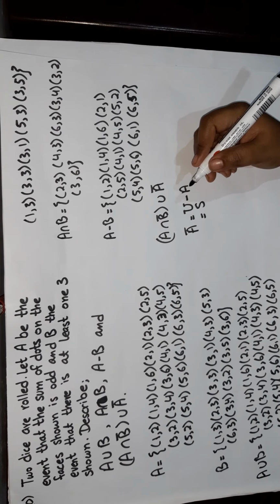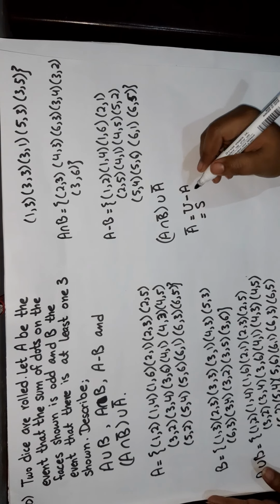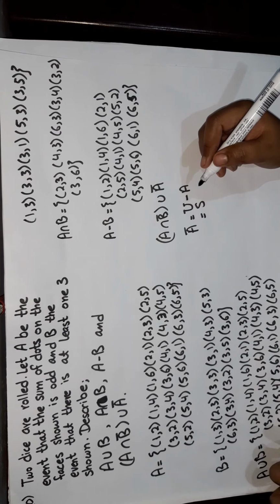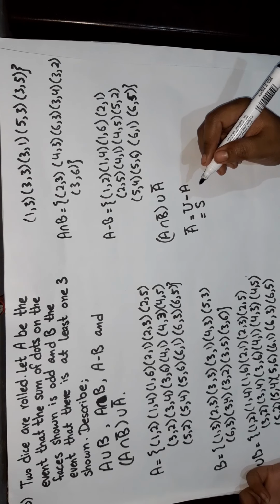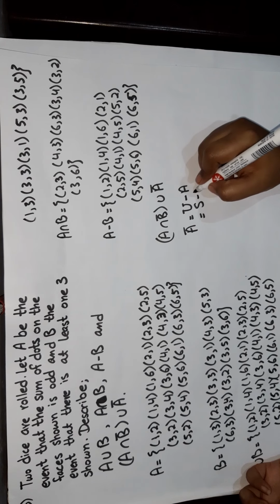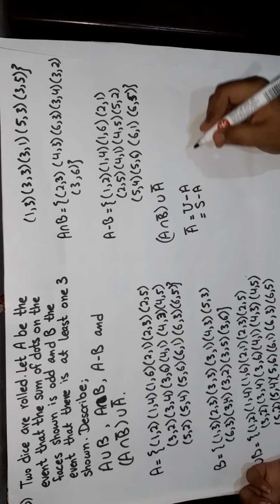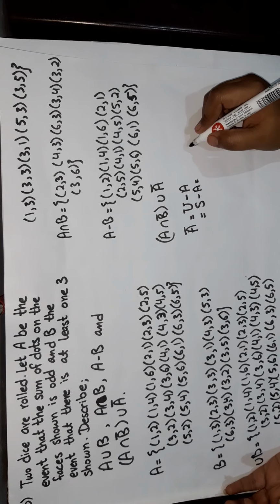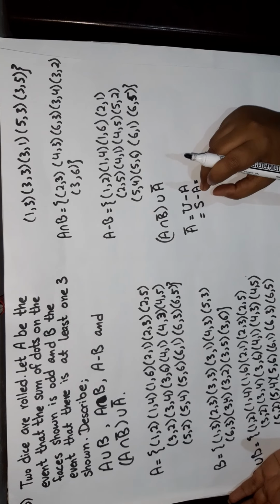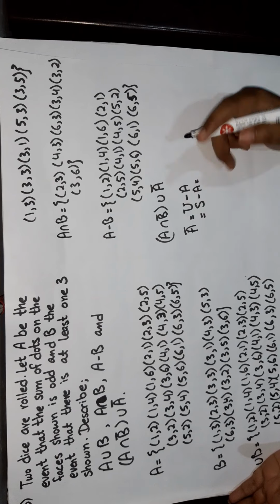The sample space is also called the universal set because it consists of all the outcomes of an experiment. So we can write here S minus A. So we will subtract all the items of set A from the sample space.